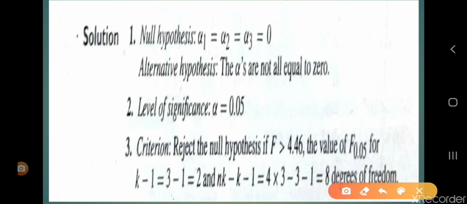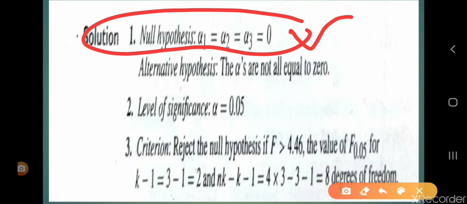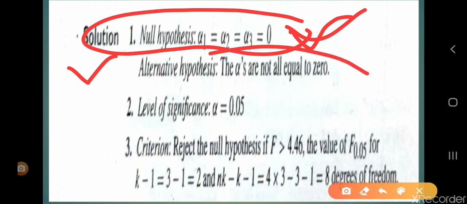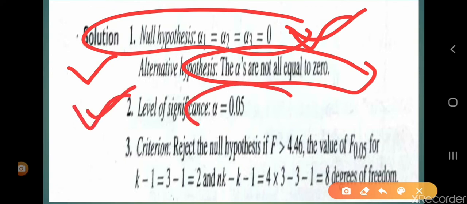First, we will assume our null hypothesis that there is no difference between the means of adjusted variance, means all are equal. So the alternate hypothesis will be they are not equal. There is some difference. The level of significance is given as 0.05.